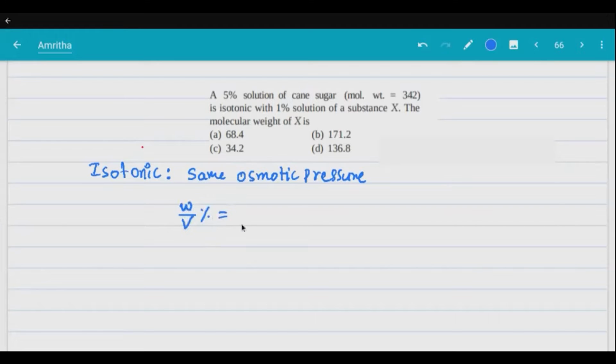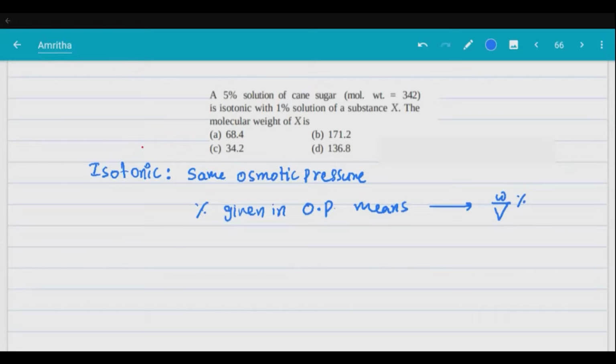By default, they may not mention it, but for osmotic pressure, percentage given means W by V percentage. Clear?